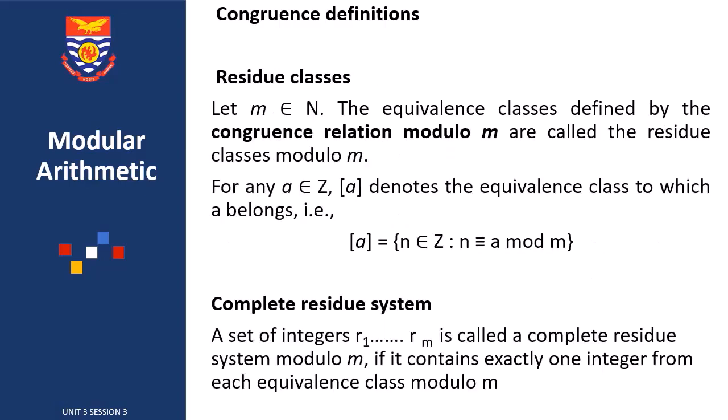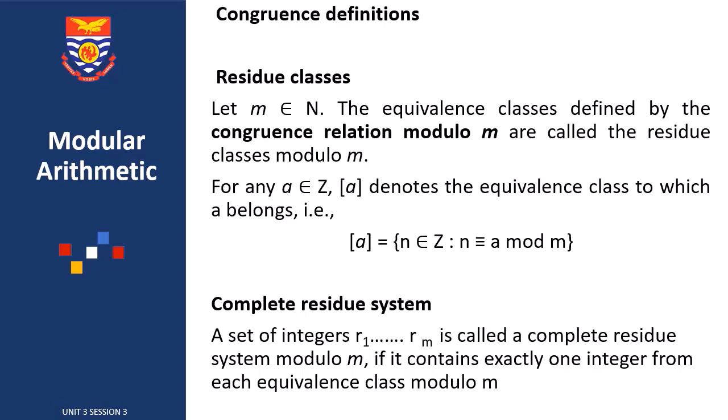Let's look at residue classes. Let m be a member of N. The equivalence classes defined by the congruence relation with m are called the residue classes modulo m. For any integer a in Z, the equivalence class of a denotes the class to which a belongs. That is, the class of a equals the set of n in Z such that n is congruent to a mod m. Then we say we have what we call residue classes.